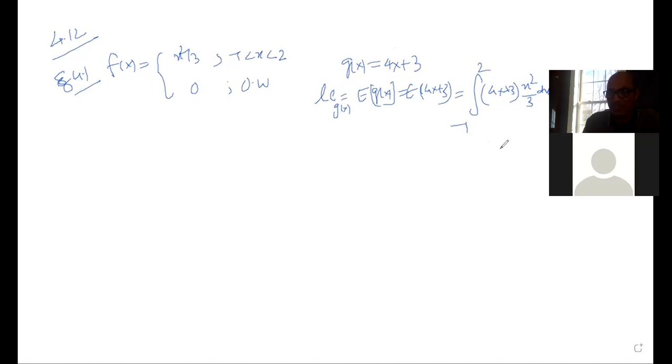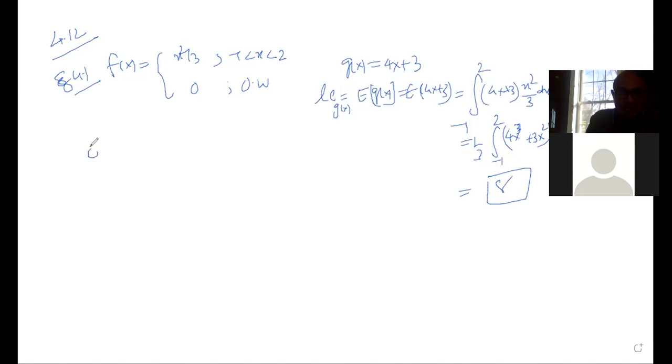We already saw this example. You can pull this 1/3 out, and here you are going to get the integral of (4x cube plus 3x square) dx from negative 1 to 2. If you solve this one, you are going to get your new mean equal to 8. Okay, and now I would like to find the variance of the same example.